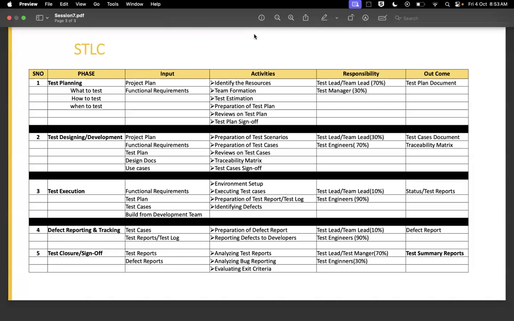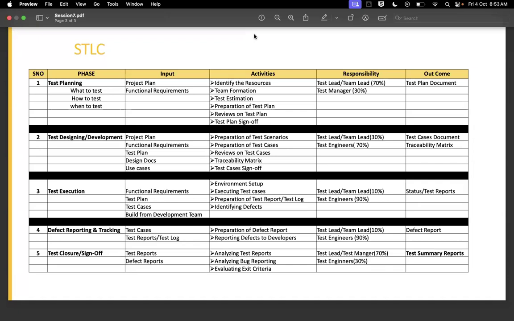So this becomes your input, and based on this input you generate a complete test case. Okay, so you prepare your test case, you review that, and you make a sign off. So this is something which we usually do in our test planning phase. And the responsible team is the team lead as well as the test lead. And the outcome which we get is the test plan document, guys.